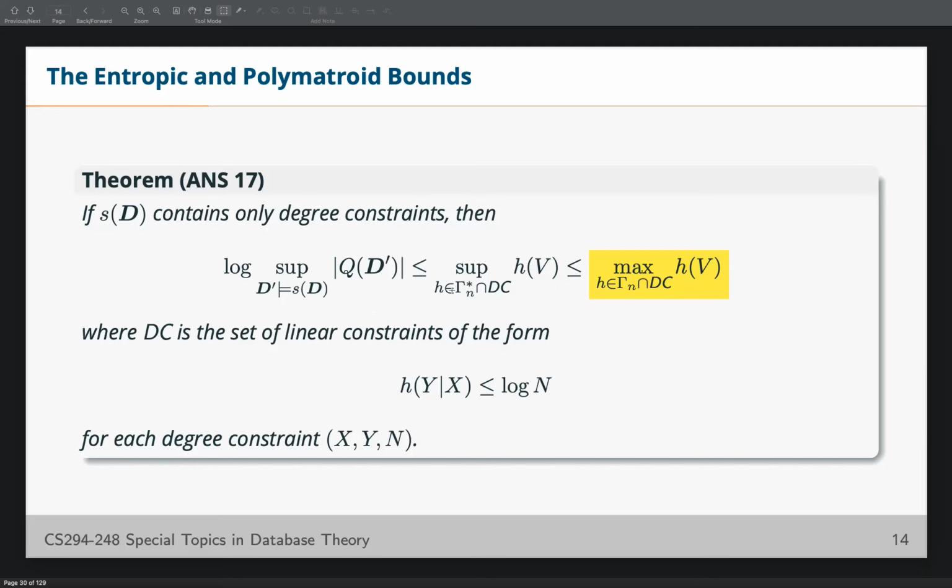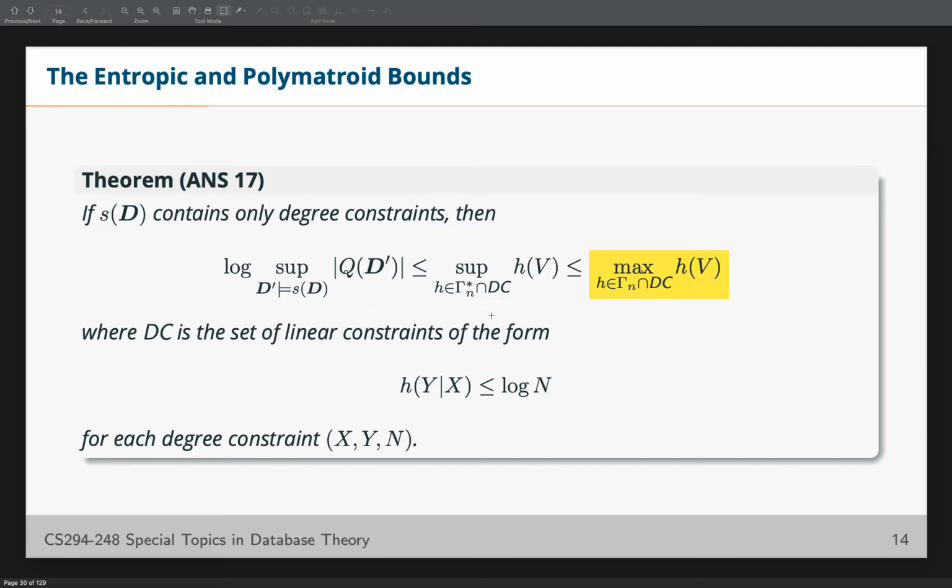It is upper bounded by a maximum, or a sup, of the entropy over all variables of the query, where H ranges over all of the entropic functions over n variables, and H has to satisfy the degree constraints. And what are the degree constraints?